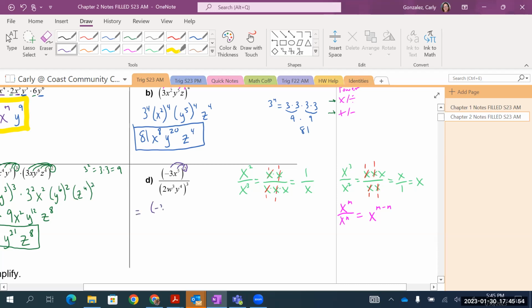Here I get -3 to the 2nd power and x to the 5th to the 2nd power. On the bottom, or in the denominator, we'll get 2 to the 3rd power, w cubed to the 3rd power, and y to the 4th to the 3rd power.